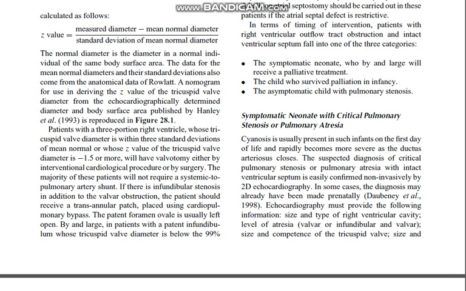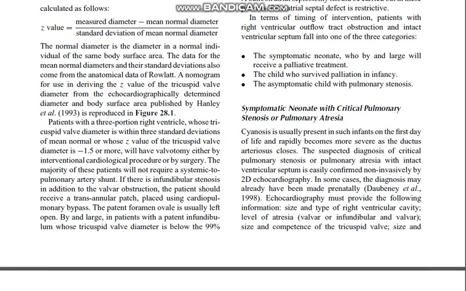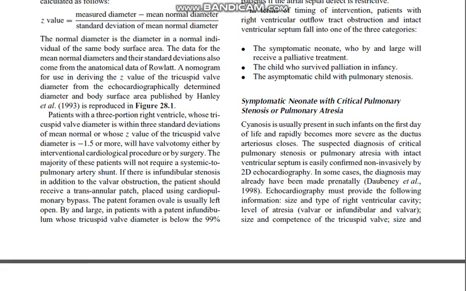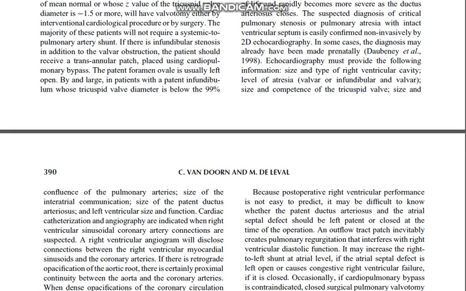Echocardiography must provide the following information: size and type of right ventricular cavity, level of atresia, valvular or infundibular and valvular, size and competence of the tricuspid valve, size and confluence of the pulmonary arteries, size of the interatrial communication, size of the patent ductus arteriosus, and left ventricular size and function.